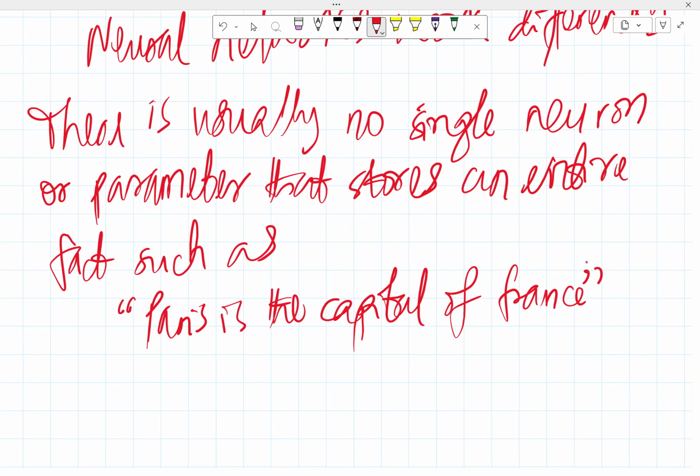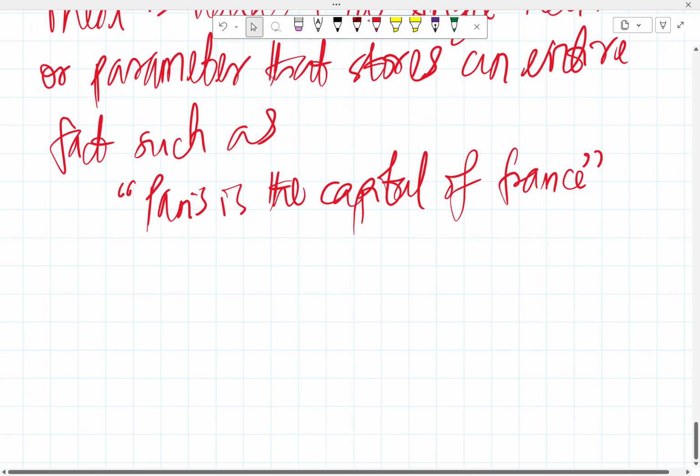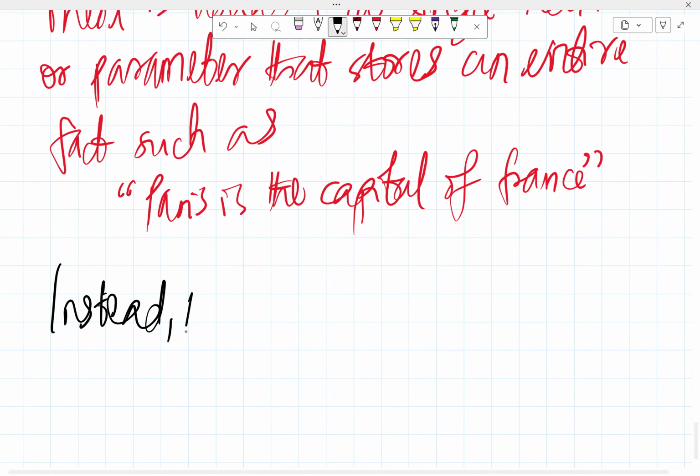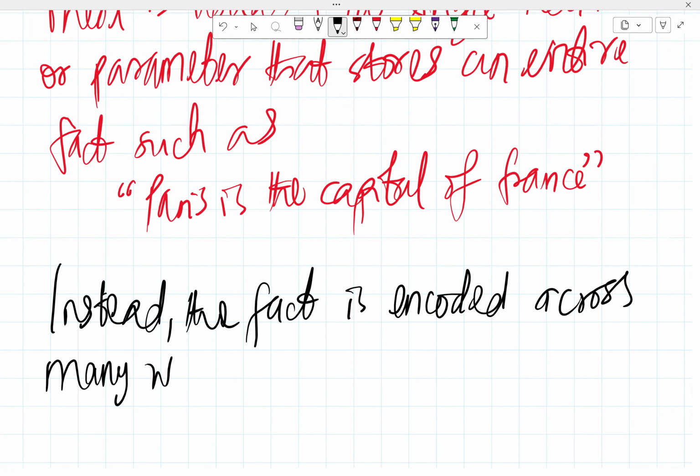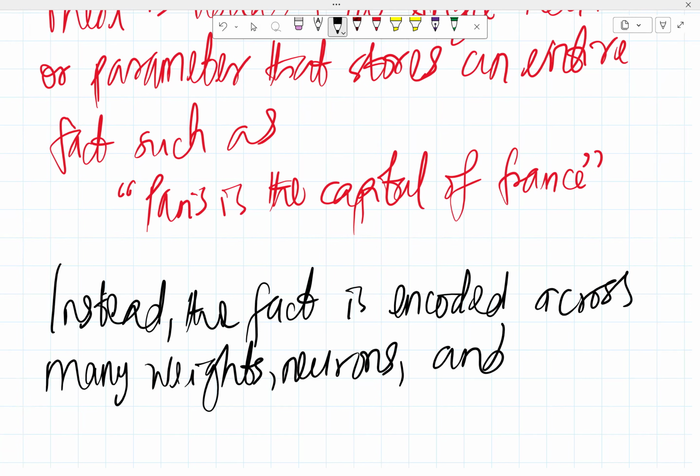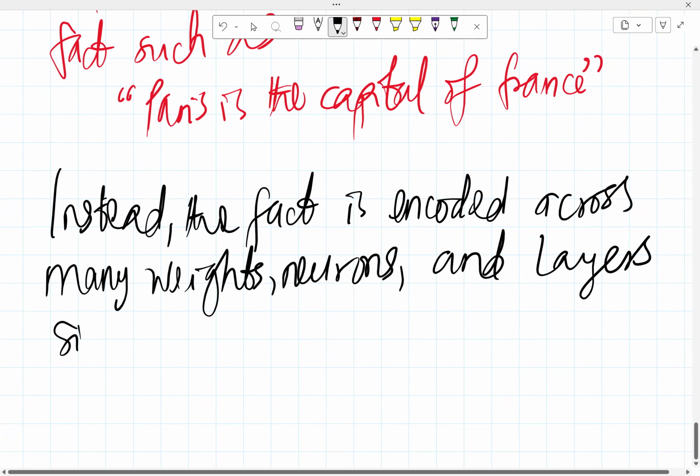Instead, the fact is encoded across many weights, neurons, and layers simultaneously.